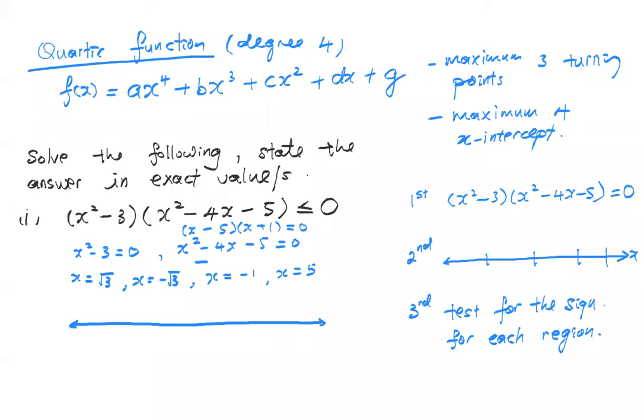So the smallest one is negative root 3. This is approximately negative 1 point something, right? So then negative 1.